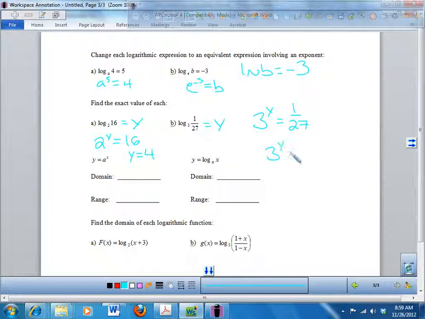You could rewrite this as 1 over 3 to the positive 3, which is equal to 3 to the negative 3. Therefore, y must equal negative 3. So in this case, y equals negative 3. Did you follow that, kind of? Did I go too fast? Okay.